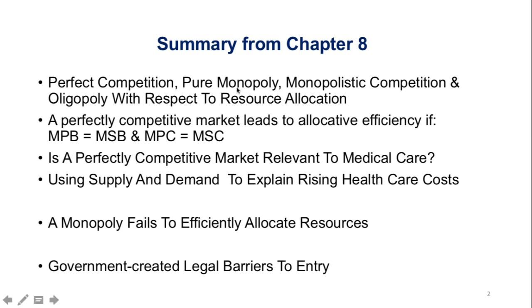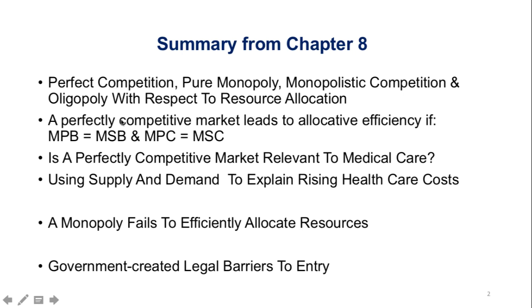On the other extreme side of the spectrum, you learned about the pure monopoly, where the net gain of the market exchange is smaller than in a perfectly competitive market. And you learned about the intermediate markets, such as monopolistic competition and oligopoly, with respect to resource allocation.